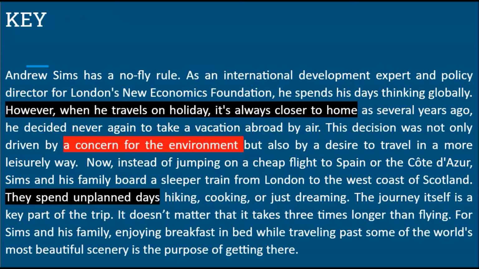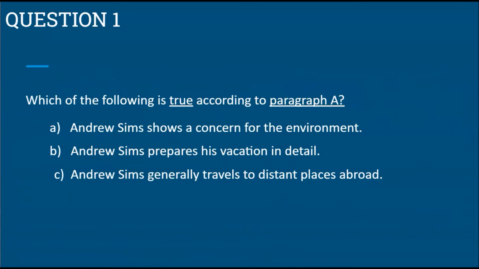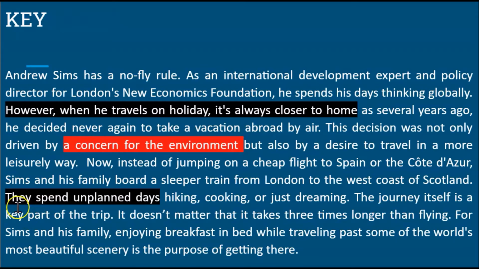Let's revisit the question again to see why choice B and choice C are not correct. For choice B, we see that Andrew Sims prepares his vacation in detail. When you go back to the paragraph in this sentence, we see that his family and Sims spend unplanned days. So their holidays or vacations are not in detail at all. They are unplanned. So choice B is incorrect.